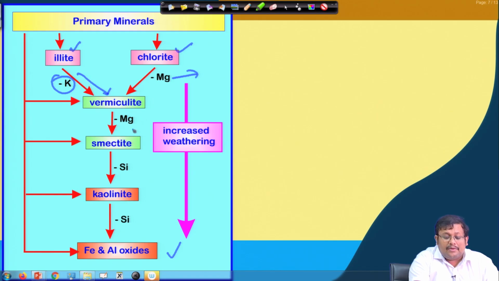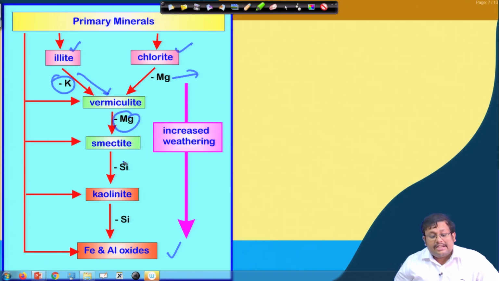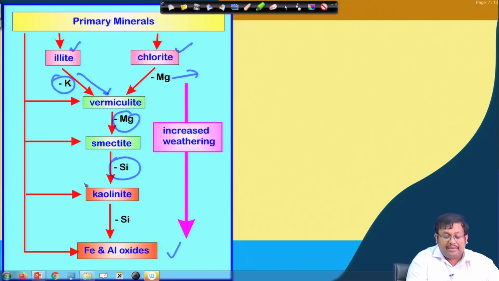And in the vermiculite, when the interlayer magnesium gets depleted, it develops into smectite, which is still a 2:1 type of mineral. Then the smectite undergoes further weathering and one silica tetrahedral layer is removed. So, there is a loss of silica and it converts into kaolinite, which is a 1:1 type of mineral.